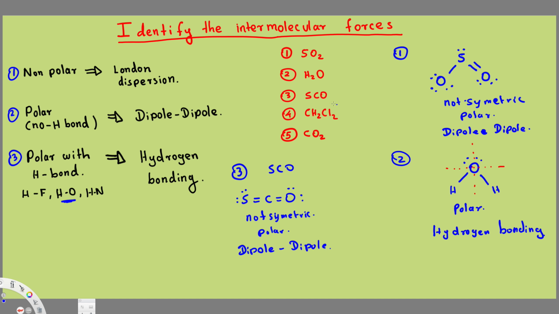And let's look at the fourth one, CH2Cl2. So let's draw the Lewis diagram for that one, CH. So for the chlorine, it's going to be a little bit inclined, right, like this. And then this is going to be the shape of this molecule.